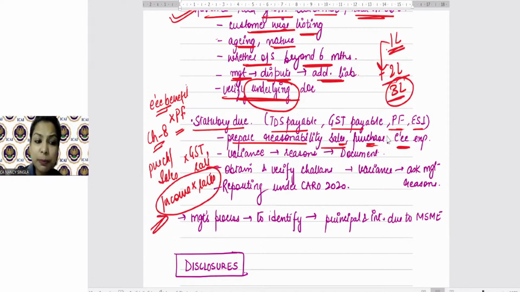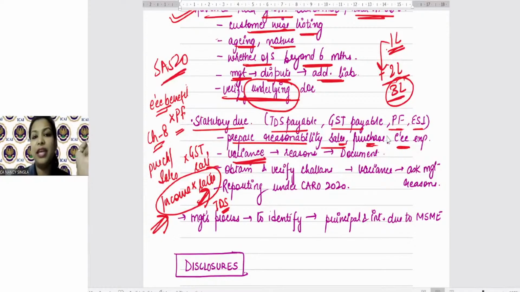That with respect to such and such income, if we apply this rate, this much TDS should be deducted. So what is this reasonableness, how fair enough, the reasonableness test, you have done in detail in chapter 8. So the auditor will check that, prepare reasonability.